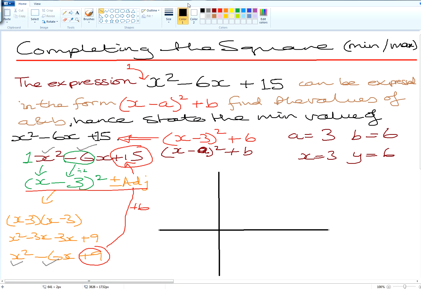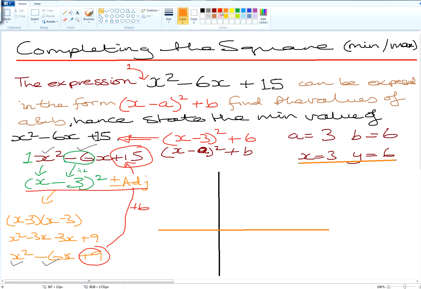Now, what we just worked out here, x equals 3, y is 6, is actually the minimum point of the graph. How do we know it's a minimum point? Because the parabola is which way? It's like a U shape and it's positive, so it'll always be like that. So it'll be a minimum value there. If there was minus x squared, then it would be a maximum point.